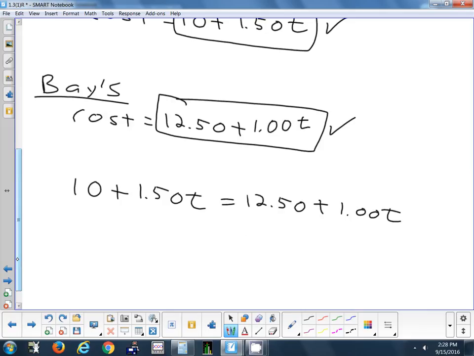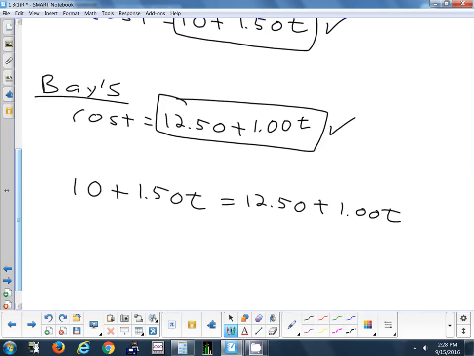Okay. So, what would be my first step to solve this equation? I think if you do this one right, you can avoid all negative numbers. And we should be able to avoid negatives because it wouldn't make sense if the number of toppings came out negative. So we should not get a negative answer.